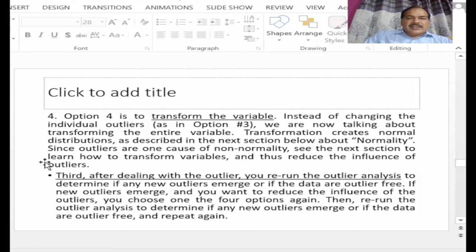The next option is to transform the variable. Here, instead of changing the individual outlier, we are now talking about transforming the entire variable. Transformation creates the normal distribution, as described in the text section below on normality. Since outliers are one cause of non-normality, in the next section we will be discussing how we can transform the variable and reduce the influence of the outliers.